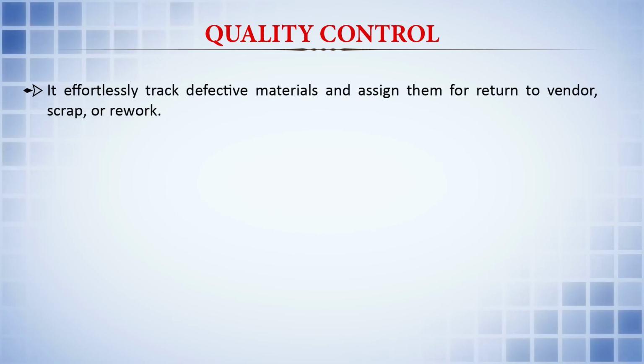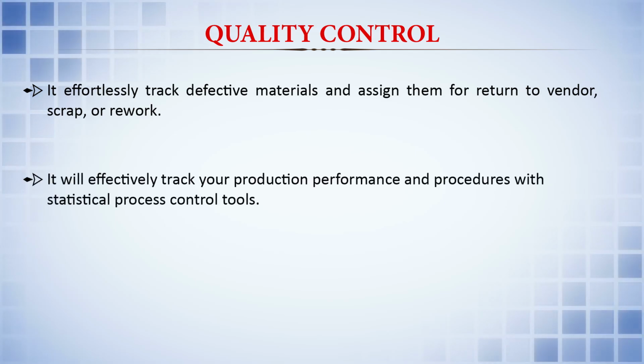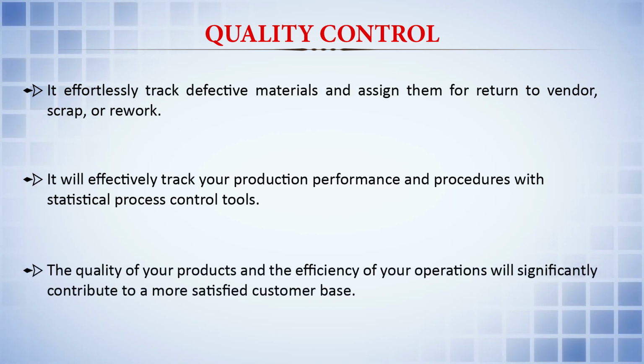It effortlessly tracks defective materials and assigns them for return to vendor, scrap or rework. It will effectively track your production performance and procedures with statistical process control tools. The quality of your products and the efficiency of your operations will significantly contribute to a more satisfied customer base.